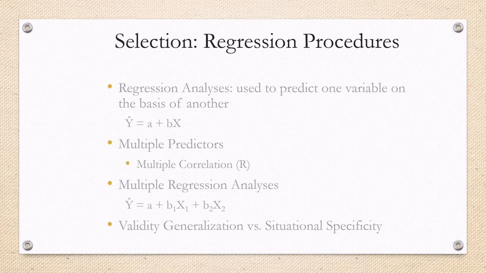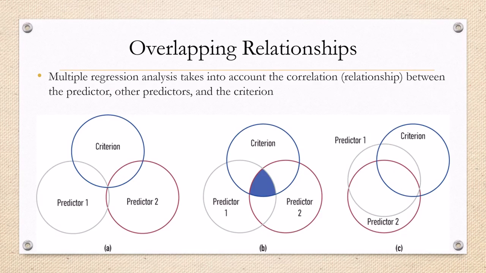Otherwise, you're having to make the argument that the job you are using the selection information for is similar enough to the jobs that were used for the validation study. In order to argue that similarity, you would need to use job analysis to compare the jobs and show and argue how similar they are.